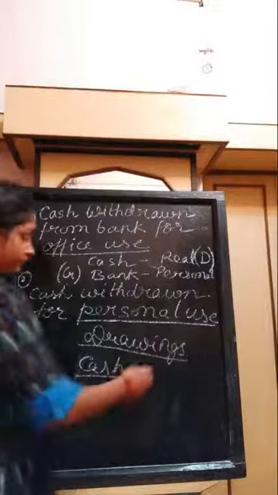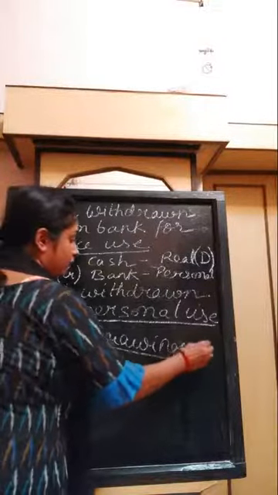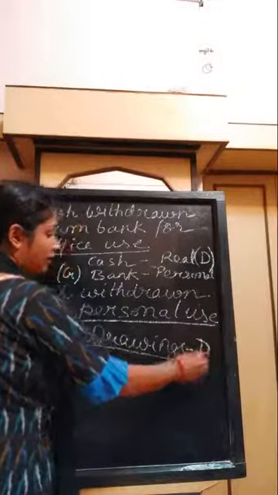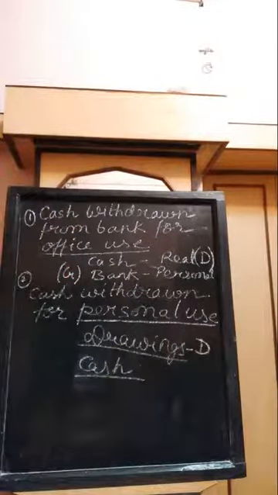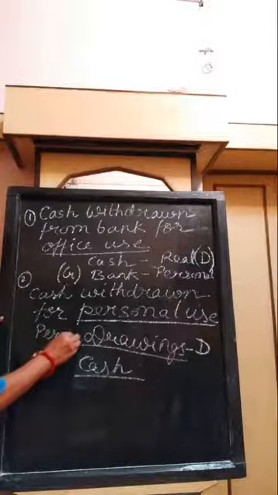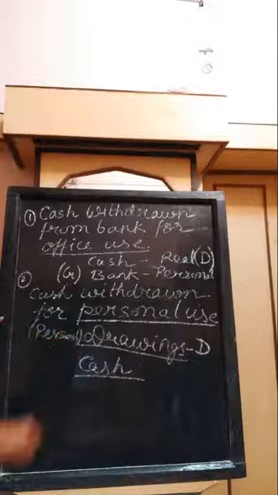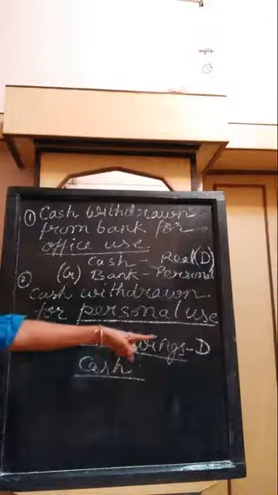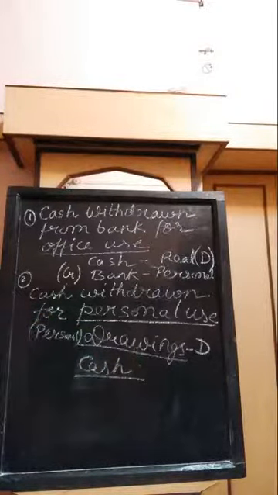Now here, drawings will be debit as we are extracting money. Drawings is a personal account. The personal account rule is debit the receiver, credit the giver. As we are receiving money in drawings, it will be debit. And cash is going out for personal use, so cash will be credit.